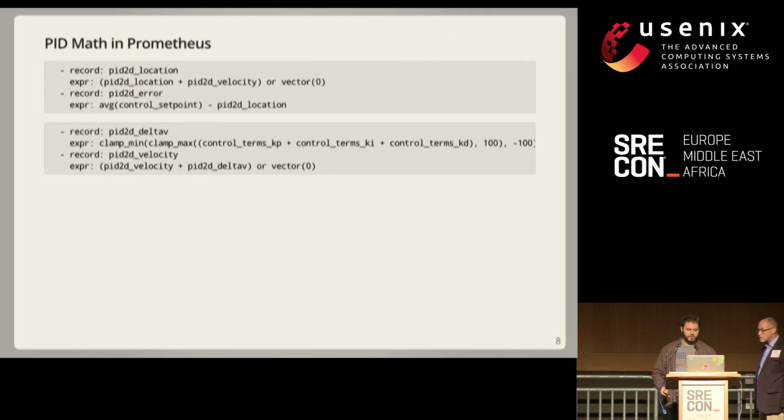Let's talk a little bit more about it. For our simulation, we simulate a moving vehicle, and that vehicle has a location. This location is our measured variable, the process variable.